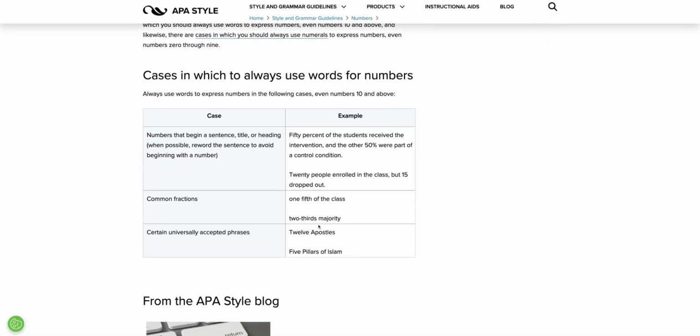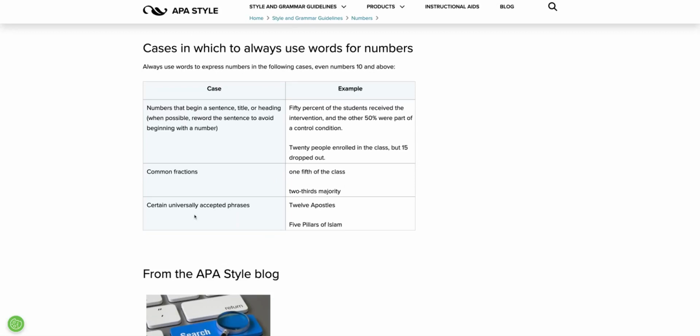If you're talking about a two-thirds majority and it's directly followed by the noun, you add the hyphen to two-thirds. So if it were a one-fifth majority, then one-fifth would be hyphenated. If it were two-thirds of the class, two-thirds would not be hyphenated because it is followed by a phrase, not an adjective to the noun.